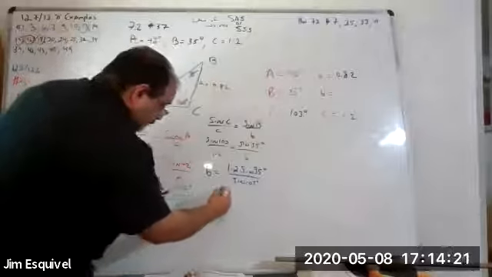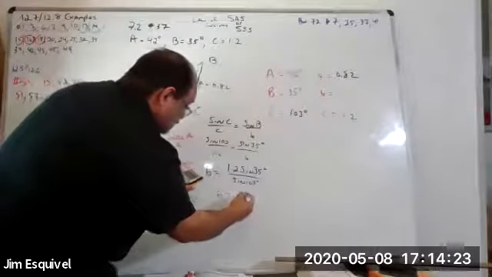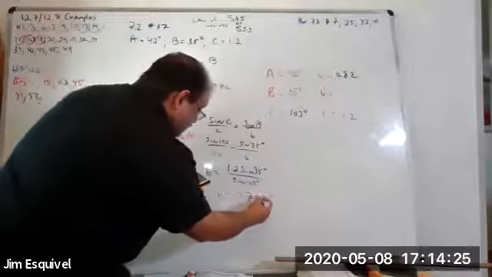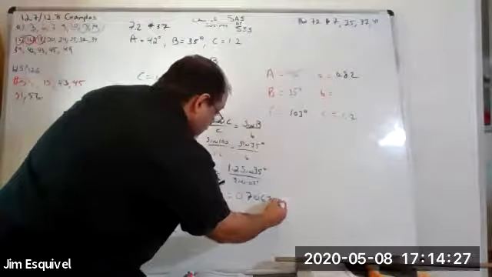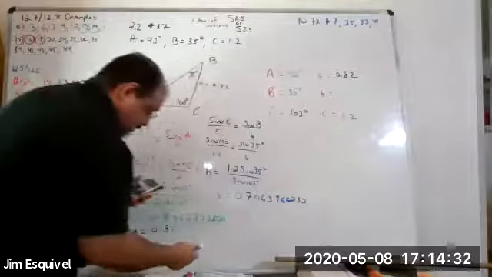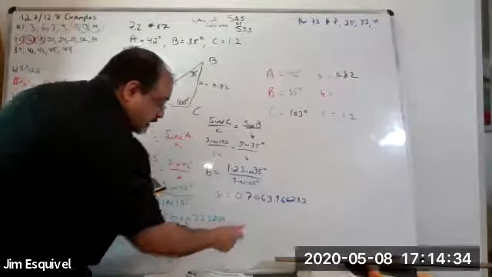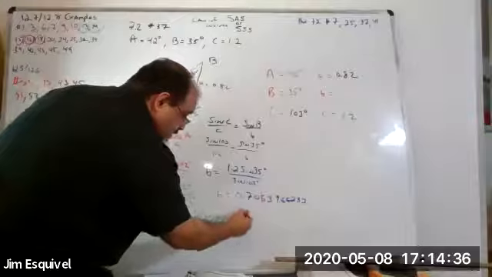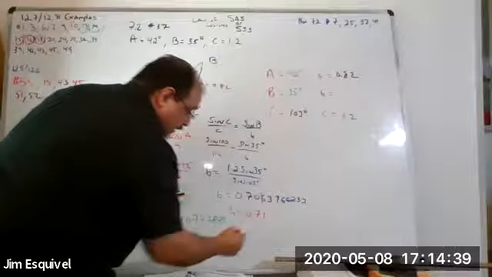We get B is equal to 0.7063966233, and to the nearest hundredth, B is equal to 0.71.